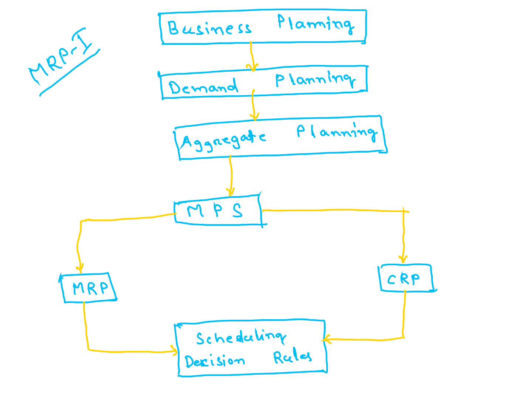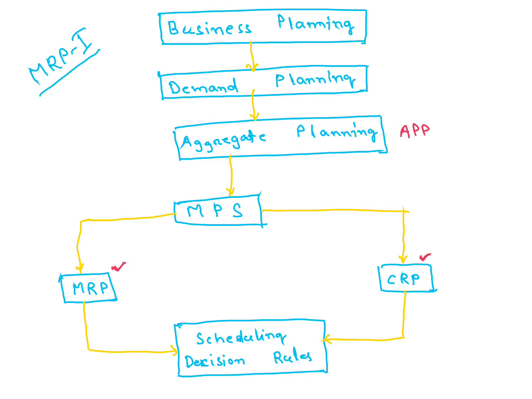MRP1 starts with business planning. Here you will get the order from the customer. Then demand planning, aggregate planning or APP, aggregate production planning. Then MPS, master production schedule, and from MPS, capacity requirement planning and MRP, materials requirement planning.